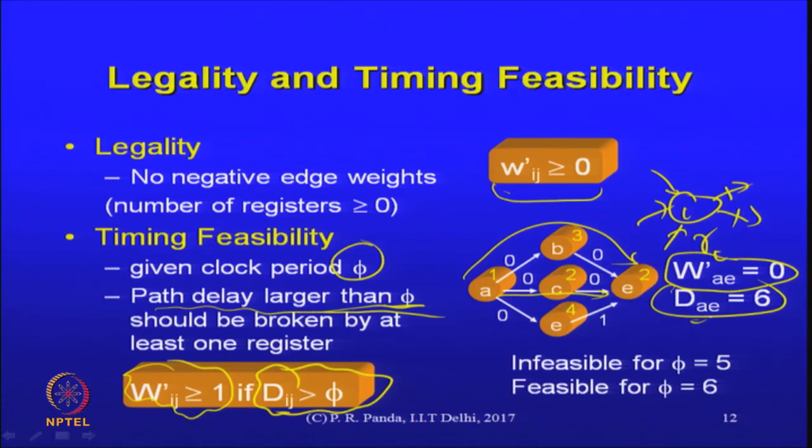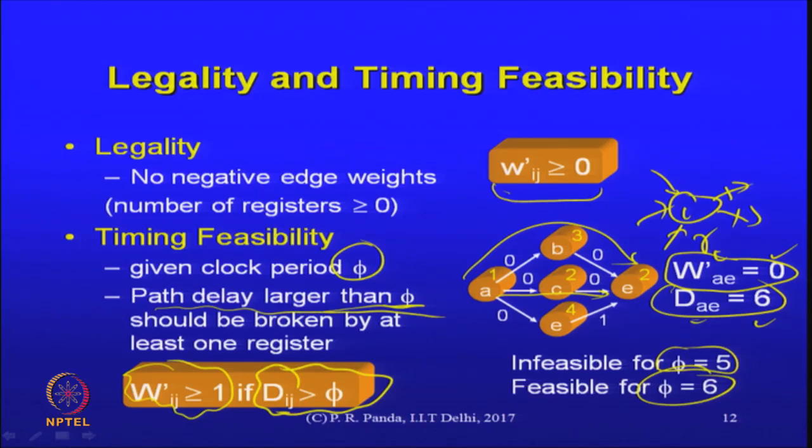That is my number. So that is 0, that is 6. If I had phi equal to 5, then this is an infeasible retiming. If this was the result of some retiming, then that is an infeasible retiming. But if it is some number greater than 6, then it is okay.